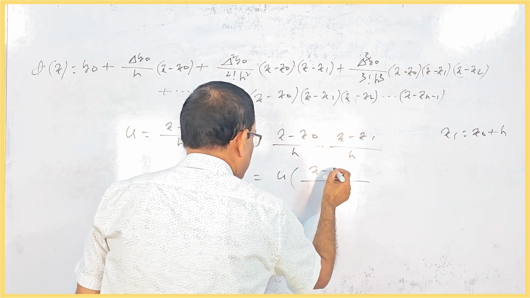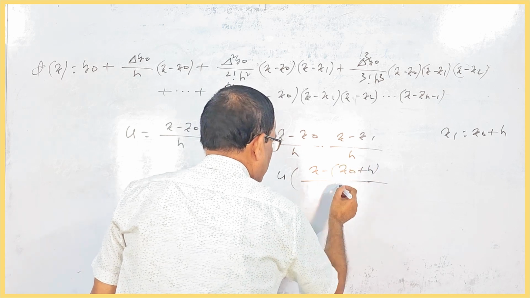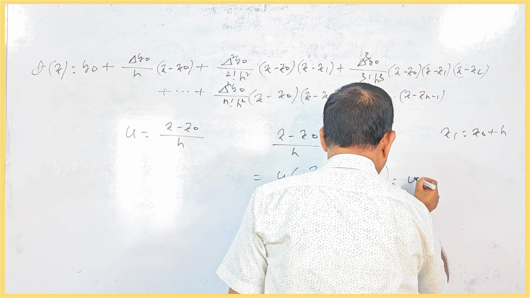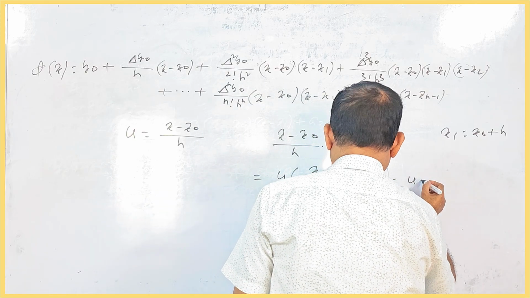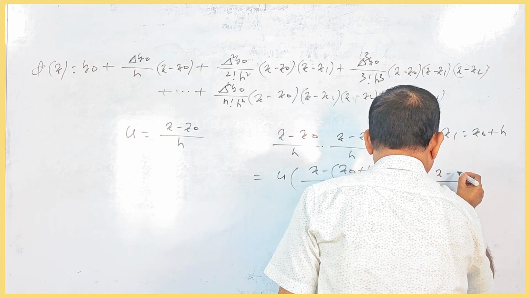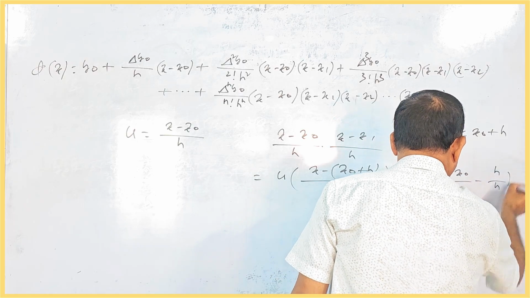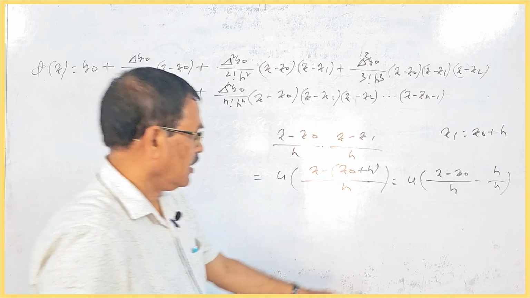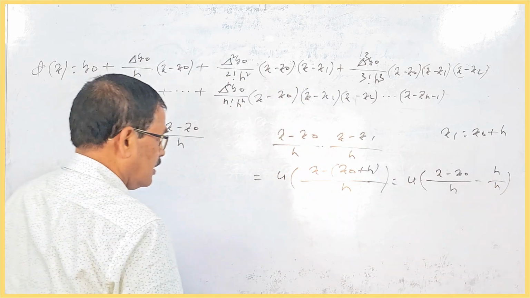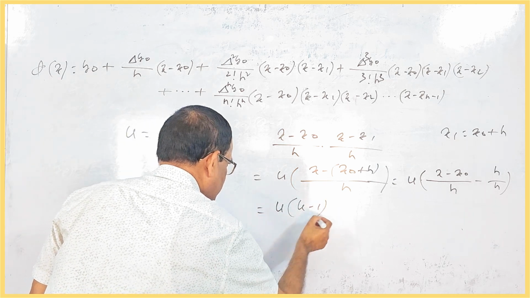Therefore, x minus x naught plus h divided by h equals u, then x minus x naught divided by h, minus h by h. This value is u, and h by h cancels to 1. So ultimately we get u into u minus 1.